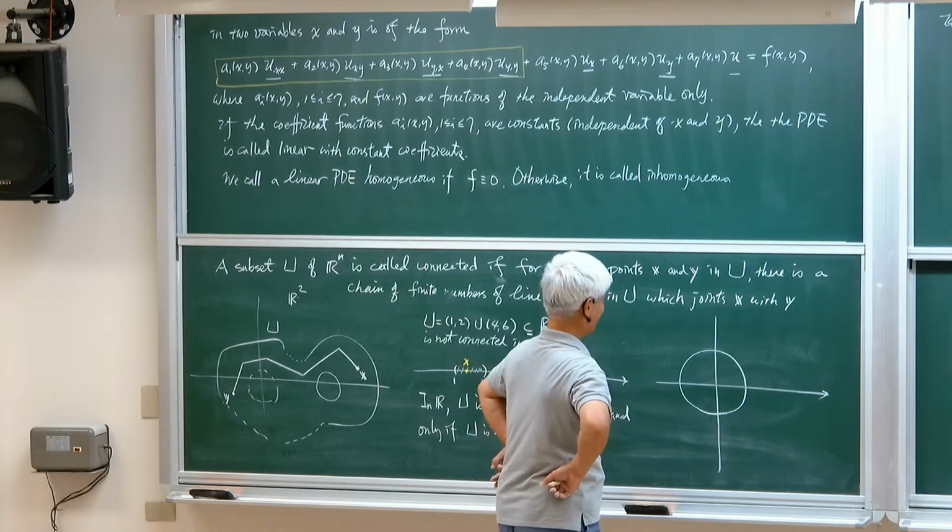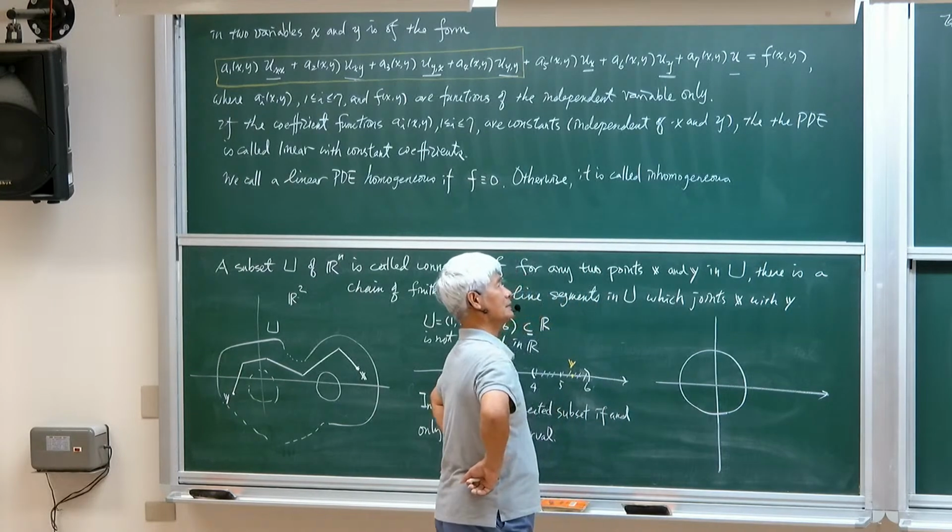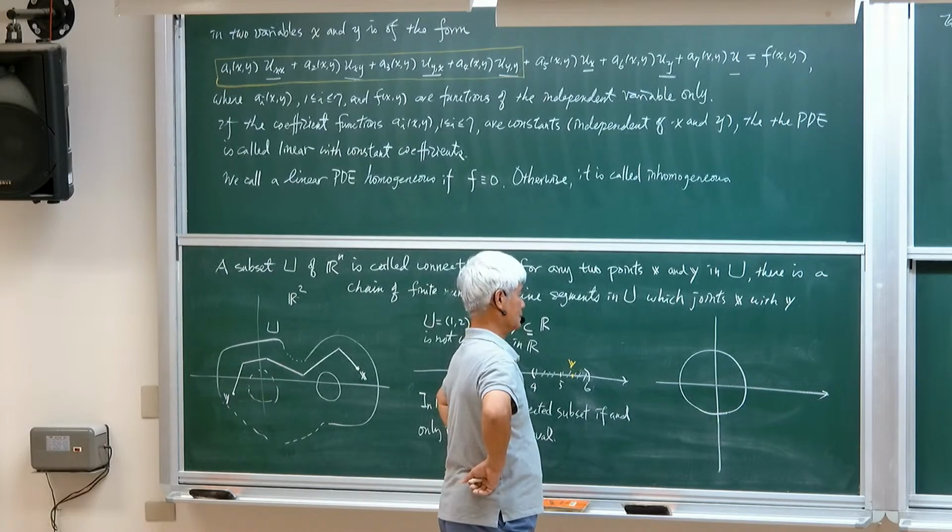A circle is connected, but it cannot be described by path connectedness with a finite number of line segments. That's just a trouble.